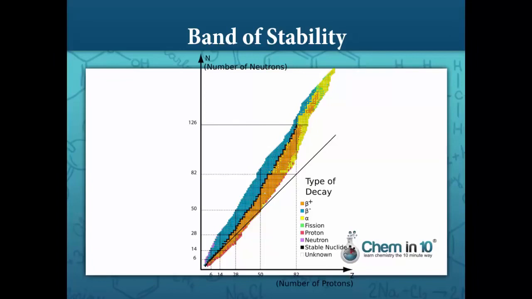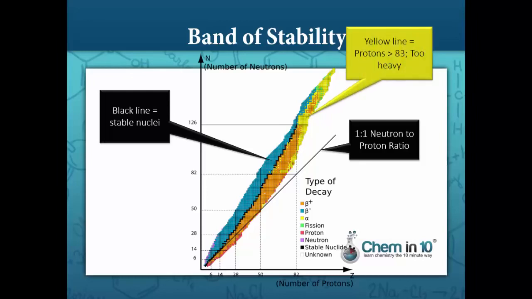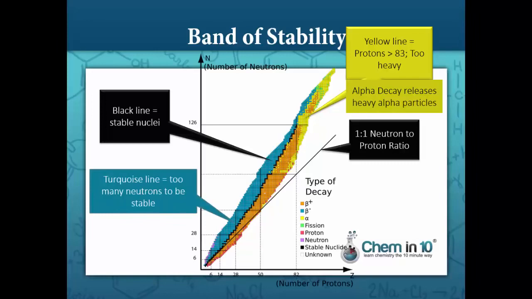The band of stability can also help us determine which type of radioactive decay an unstable isotope will undergo. If the neutron-to-proton ratio lands in the yellow area, it means that the isotope is too heavy. An isotope that is too heavy will release alpha particles to reduce its size. Isotopes that land in the turquoise area have a larger neutron-to-proton ratio than is considered stable.